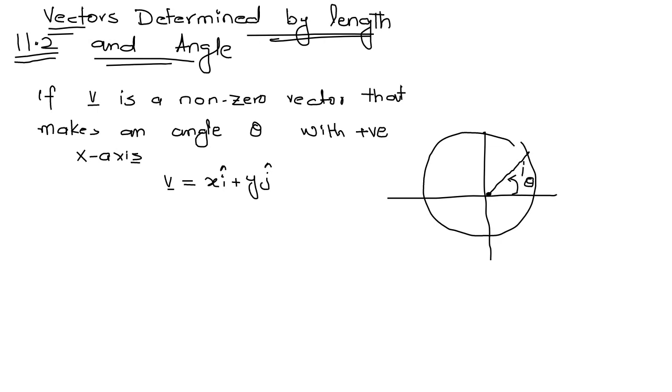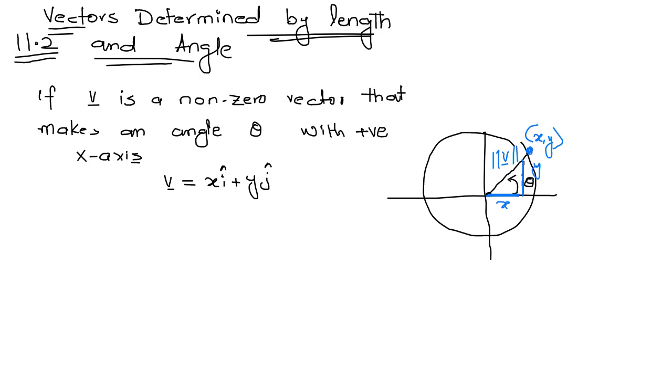You can represent the vector with v, and this point is the point x and y. This length is called x, and this length is called y.